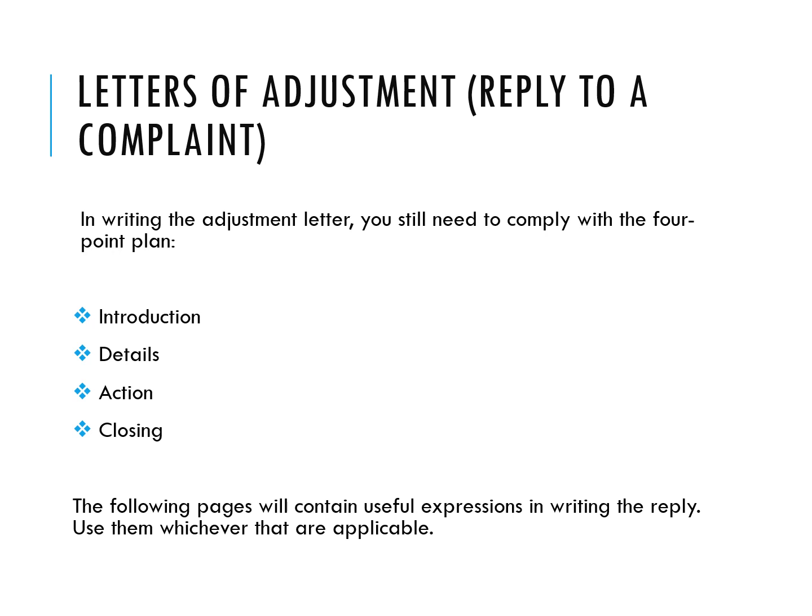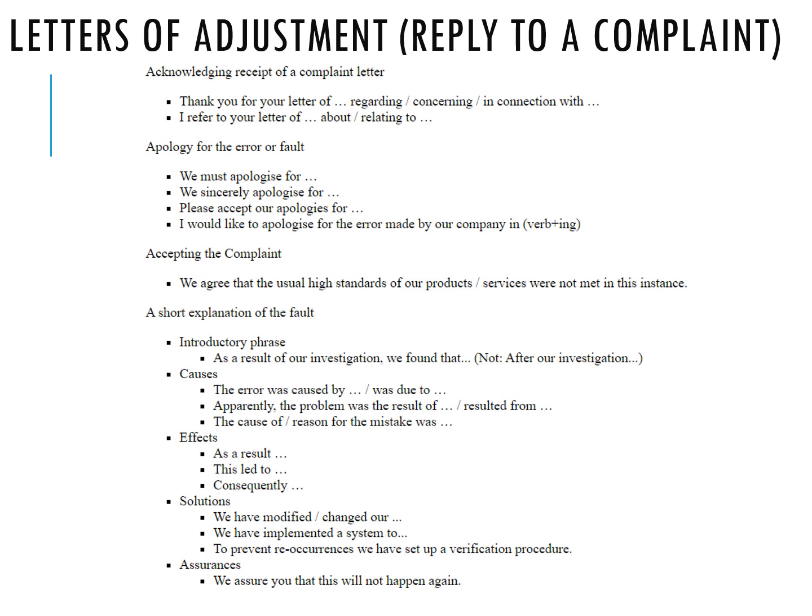Again, in writing an adjustment letter, you need to comply with the 4-point plan: the introduction, the details, action, and closing. Here are some of the expressions that you can use in writing your reply to a complaint. If you're going to acknowledge, how are you going to say it? If you're going to apologize for the error, what kind of phrase may you want to begin with?